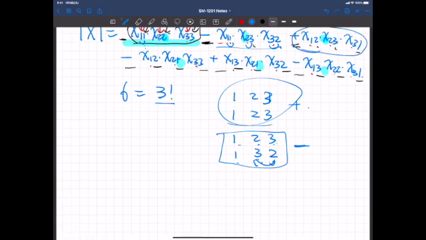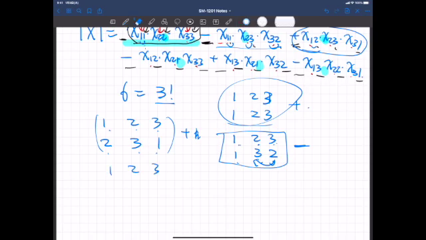And next one, 1, 2, 3 is paired with 2, 3, 1. In this case, it's positive. Why is that? In order to get 2, 3, 1 from 1, 2, 3, starting from 1, 2, 3, let us swap 1 and 2.